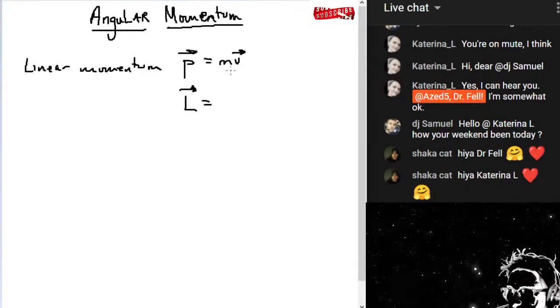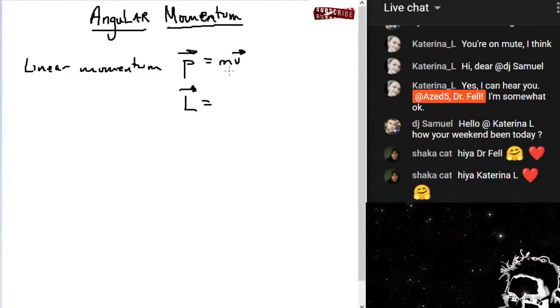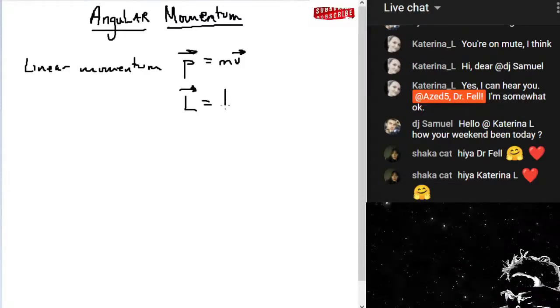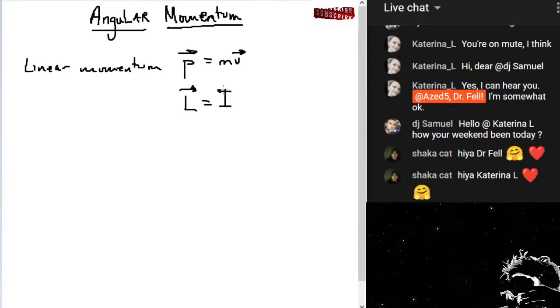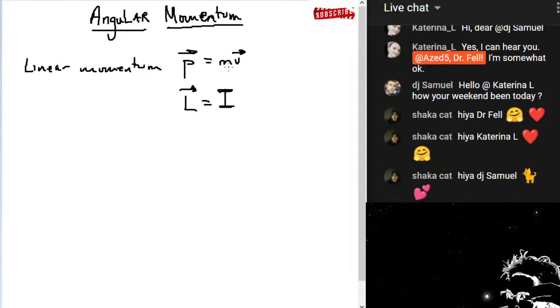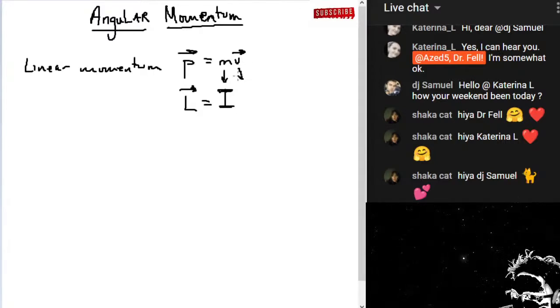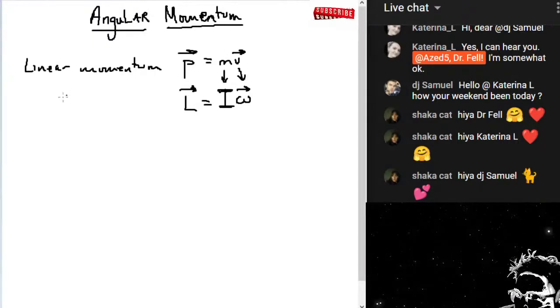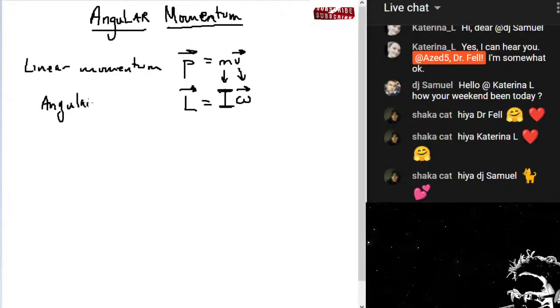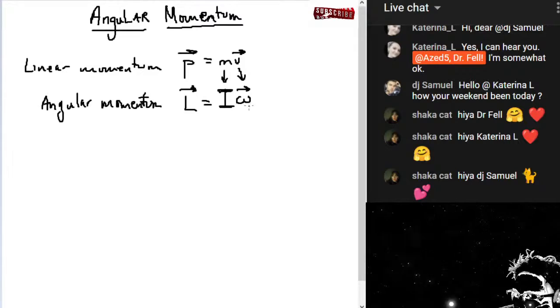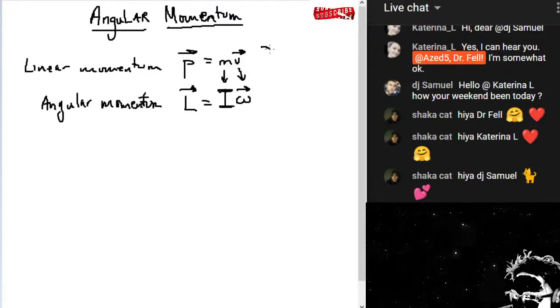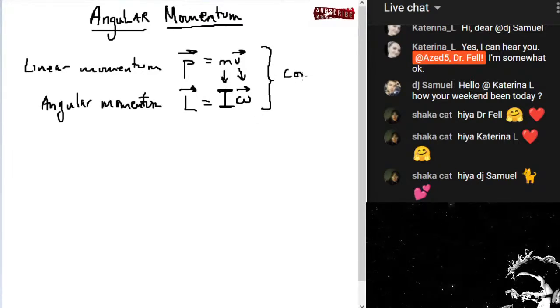We have to use the moment of inertia of an object, which is I. Anytime something's spinning, mass turns into I, moment of inertia. And v, since it's rotational, we turn it into omega. So P equals mv for linear, and for angular, L equals I omega. And both of these are conserved.